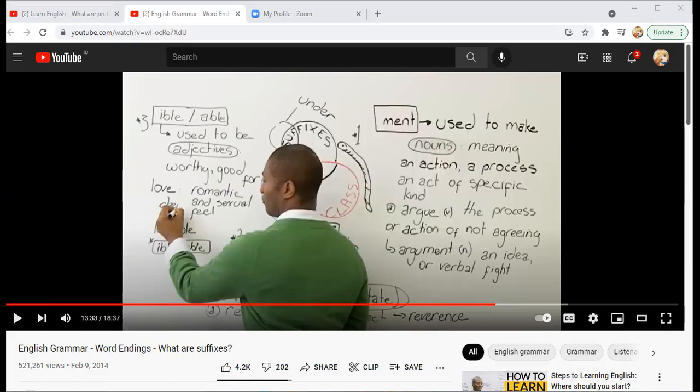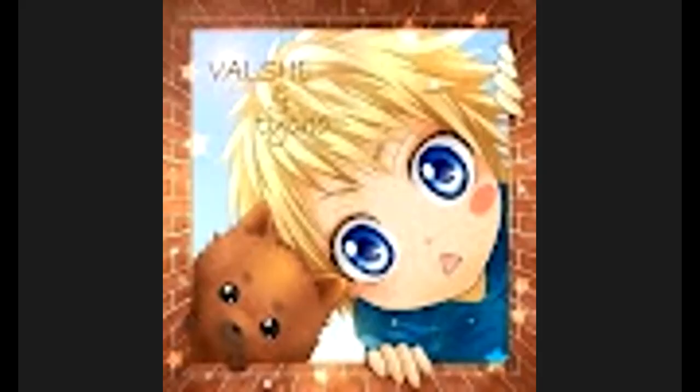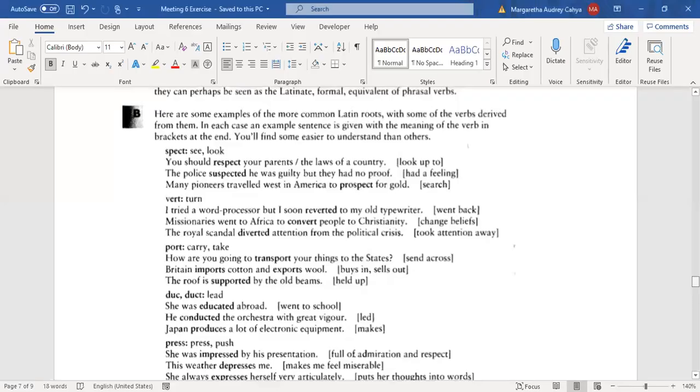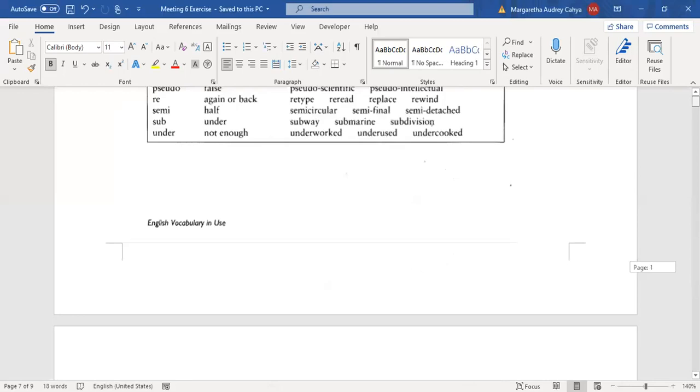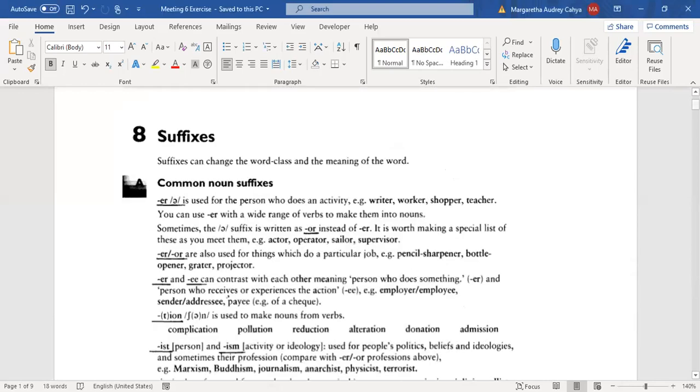Then we're going to move to the last one. And here, suffixes.